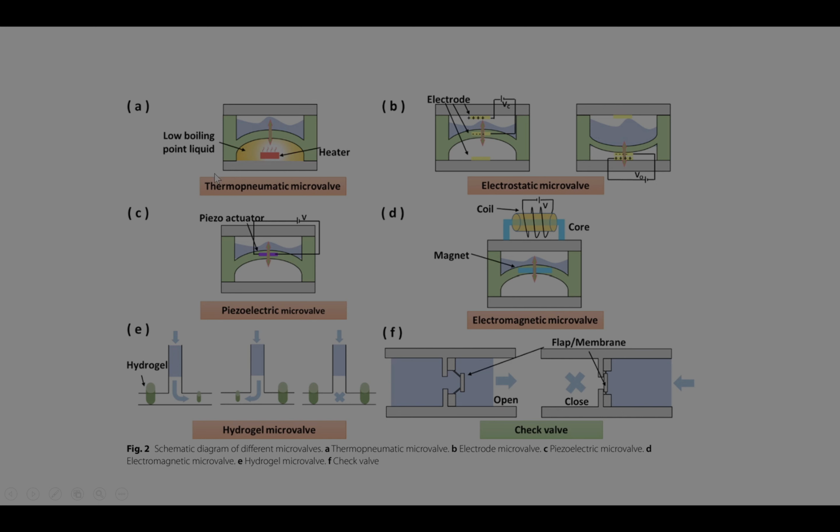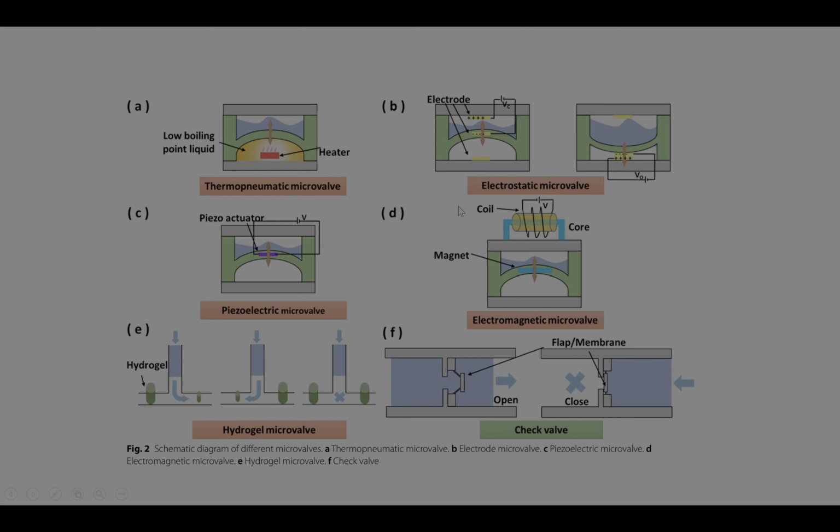So here the first one is the thermopneumatic microvalve, where you will use a heater to heat the fluid, and if it heats, it will block the fluid propagation. But when it cools down, it will again start the fluid flow.